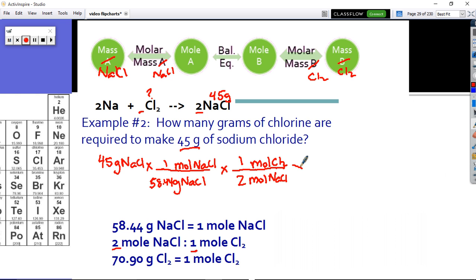So moles of chlorine goes on the bottom of the next square. And I'm doing moles to grams. So grams goes on the top. So taking a look, I want to use a molar mass of chlorine, which is what I had down here, so 70.90 grams per 1 mole. So 1 goes on the bottom.